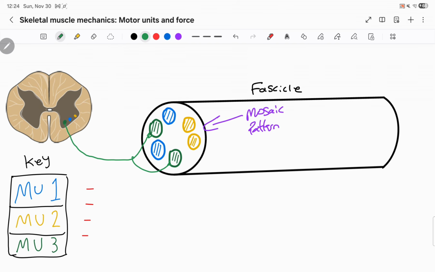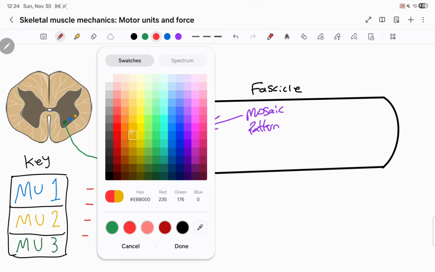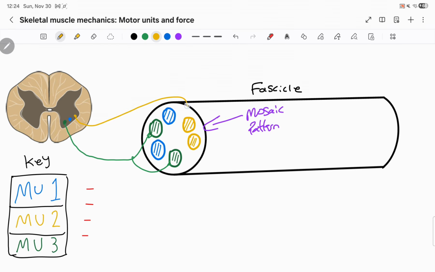But the same motor neuron can't innervate different types of myofibers. Similarly, one myofiber is only ever innervated by one type of motor neuron. So these myofibers are only ever going to be innervated by this motor neuron, okay? That's important.